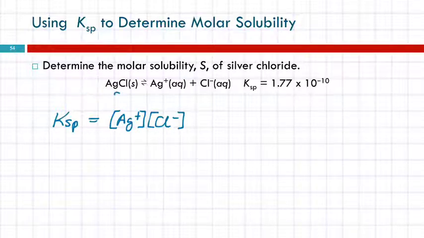So if I have S moles per liter of the silver chloride that dissolve, that means that the concentration of silver is S and the concentration of chloride is S. They're equal to each other. It's not necessarily one. It's a 1-to-1 ratio.